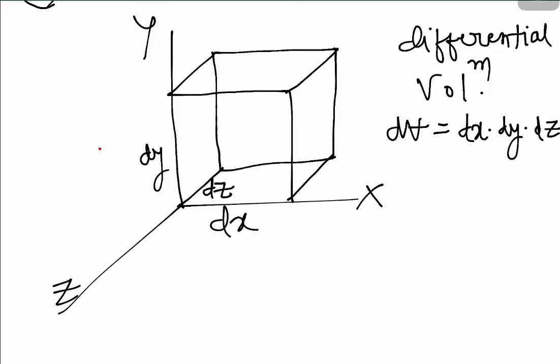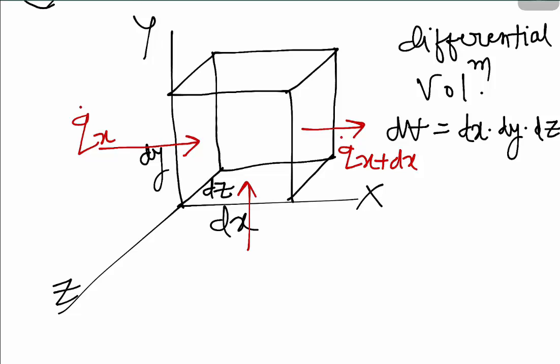Now at x, heat conduction rate is q dot x. At x plus dx, heat conduction rate q dot x plus dx. Similarly, in y direction, heat conduction rate is q dot y.